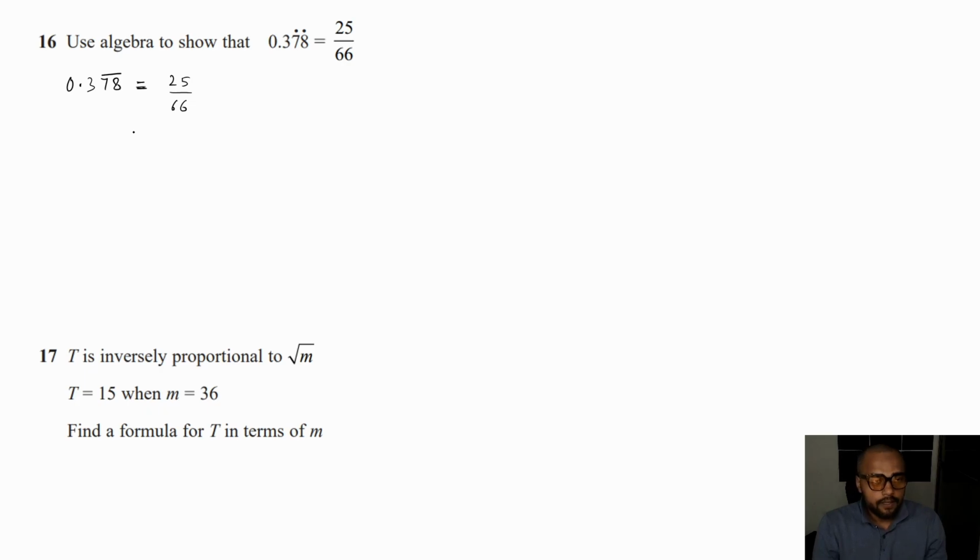So if I suppose this non-terminating repeating number as x, and I multiply it by 10, it will be 3.787878, and it will go on like this. So it will be equal to 10x.